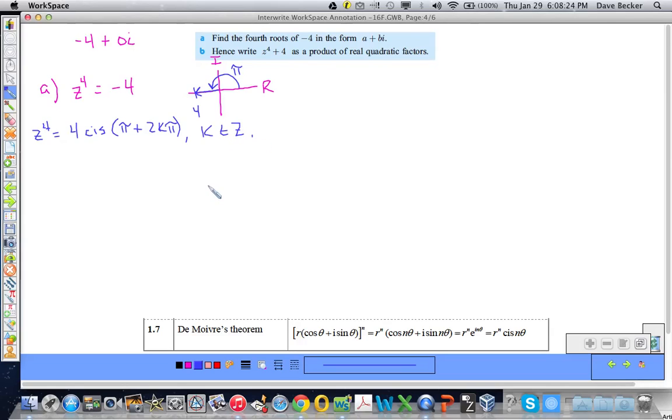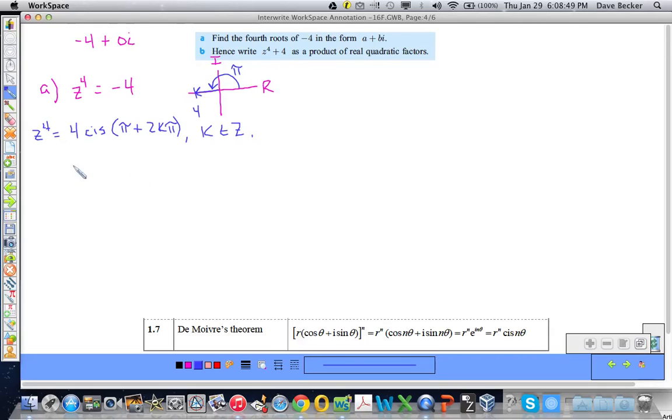Hopefully you didn't get wigged out by the negative, because you realize that cosine pi is equal to -1 times 4 gives me the -4, and of course, sine of pi is 0. And plus 2k pi takes care of all possible solutions as it did in the previous one.